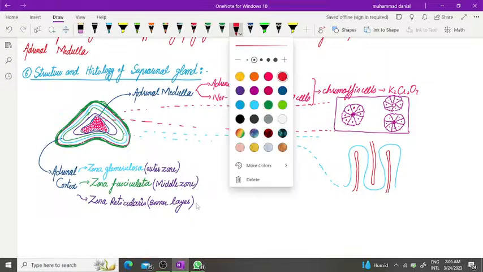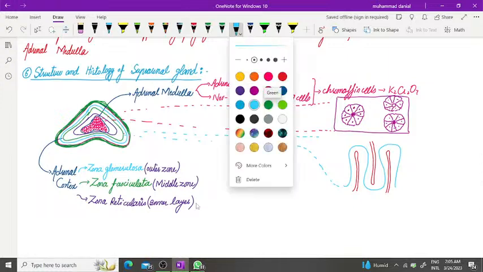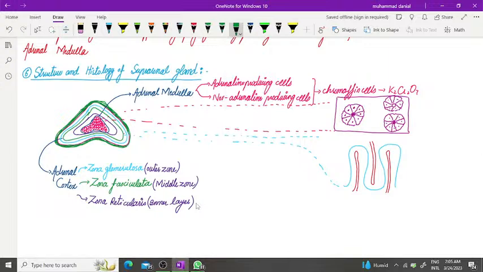No, these are cells. These are the cells of zona glomerulosa. This cell looks like in this shape.